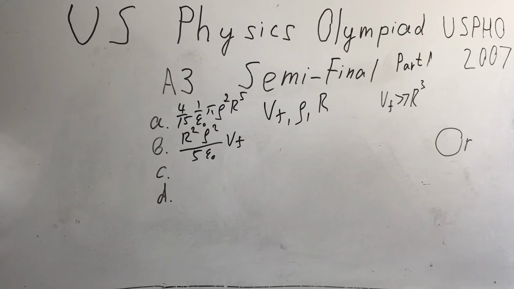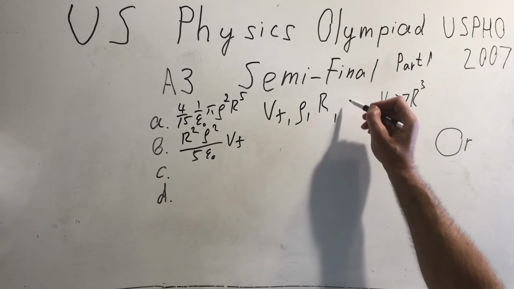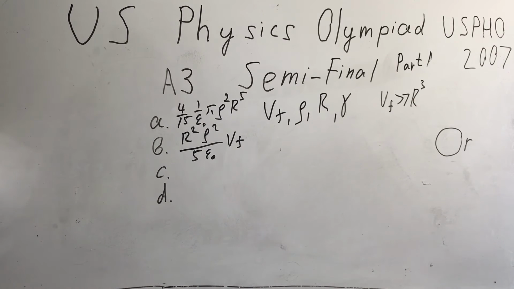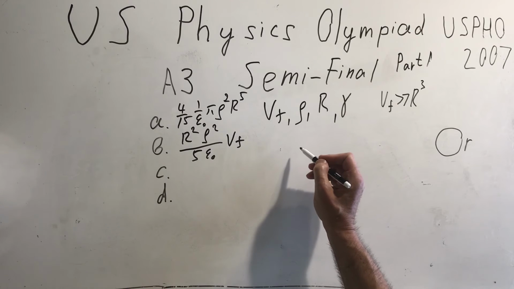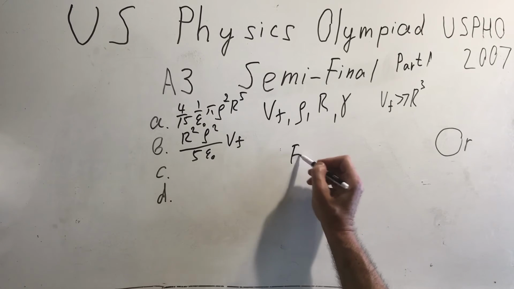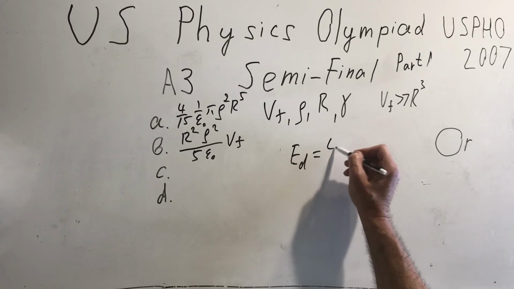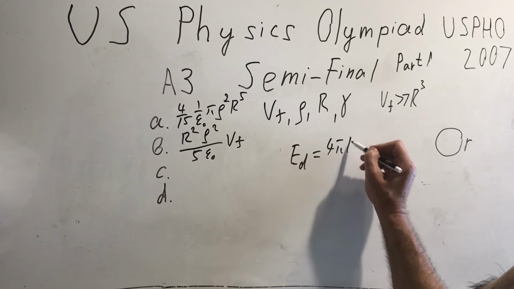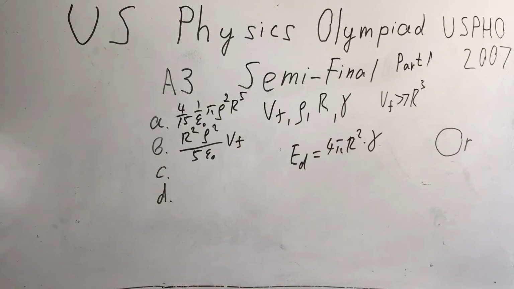Next question, question C. What is the total energy of the drops due to surface tension? We know that the surface energy is equal to area multiplied by the coefficient gamma. So the energy for one drop equals 4 pi R squared multiplied by gamma.